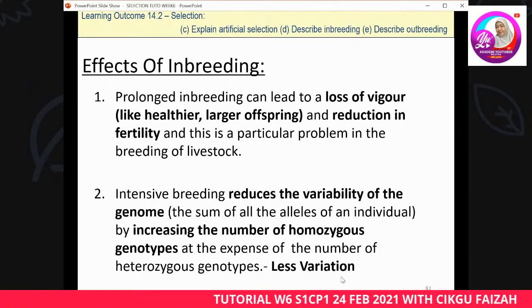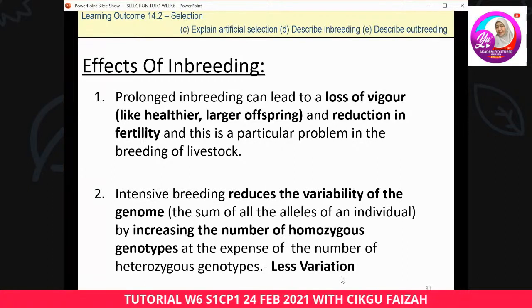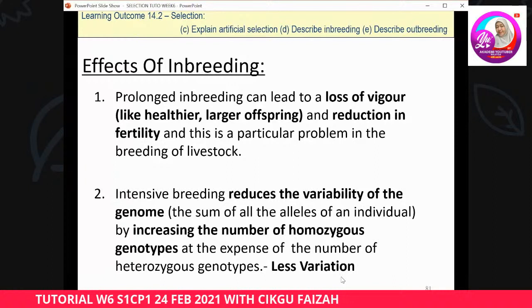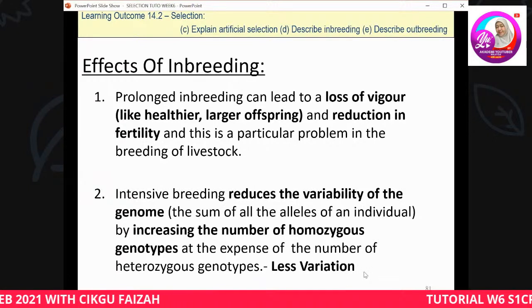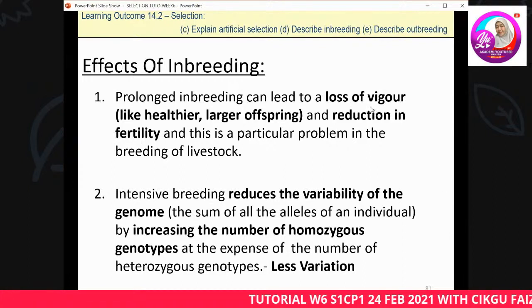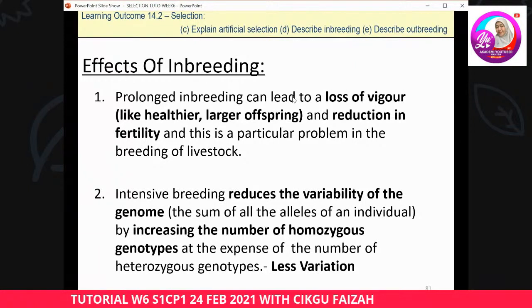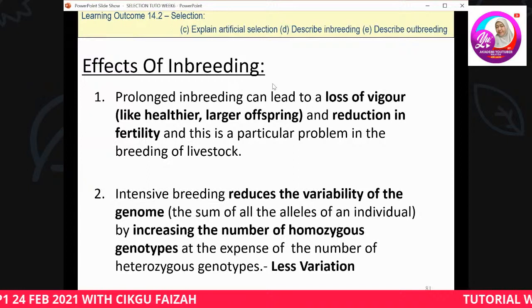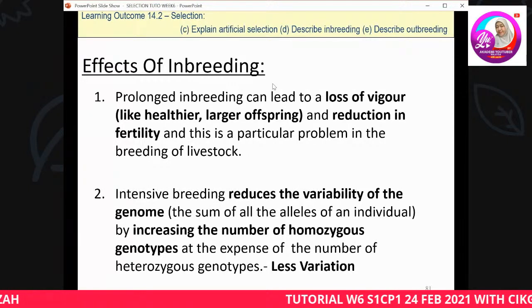The effect of inbreeding, you can refer to the second last point on page 79. Prolonged inbreeding can lead to a loss of vigor, meaning healthier, larger offspring will be reduced, or it reduces the fertility. The second, the last point, intensive breeding reduces the variability of the genome.